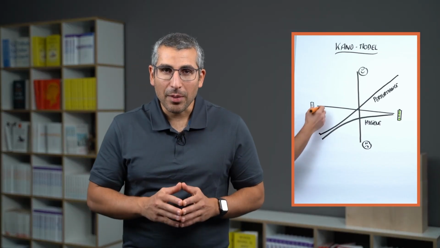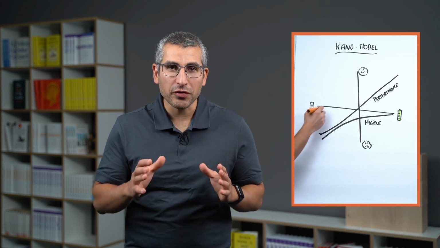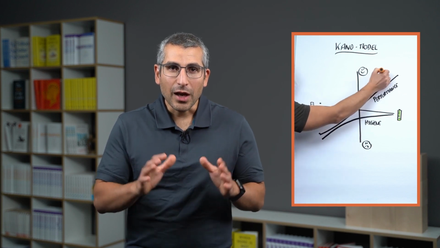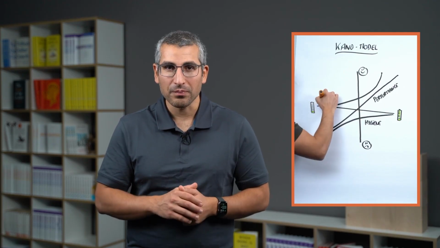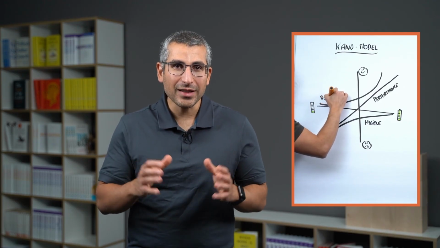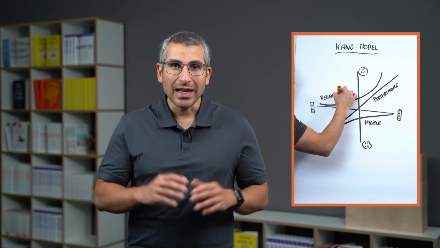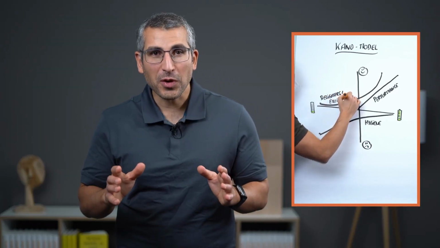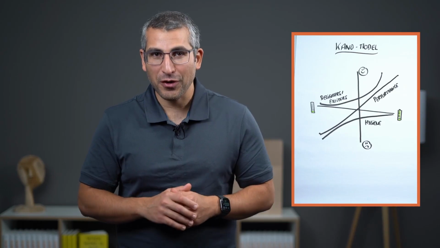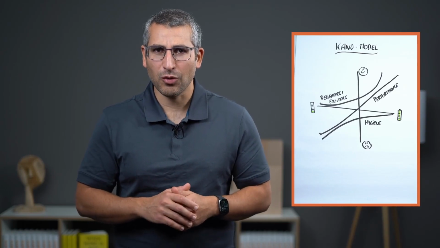Let me give you an example about a delighter feature that I observed myself a few years back. When I got my first Tesla, I wanted to connect my phone with the car. The person who was explaining the car to me asked me why, and I said, I want to play music. His response, you don't have to connect your phone to the car to play music. I was like, why?